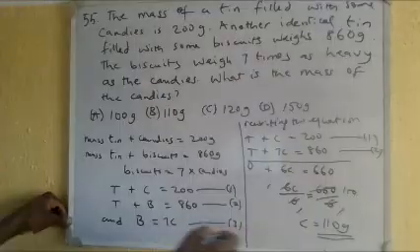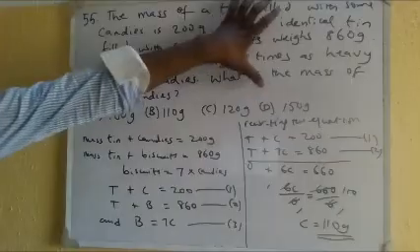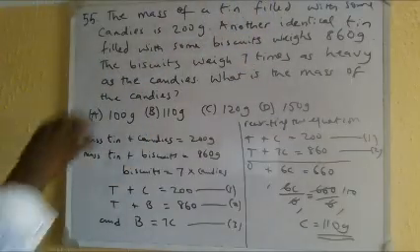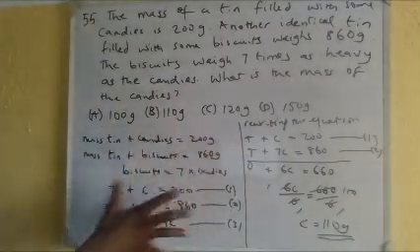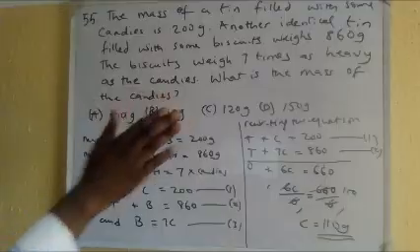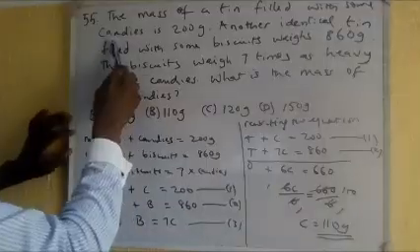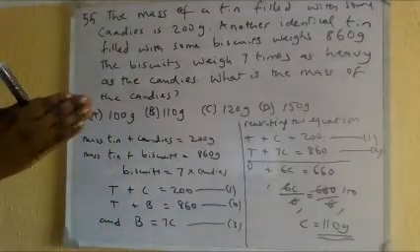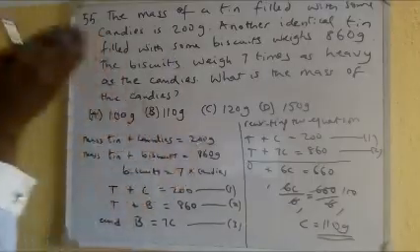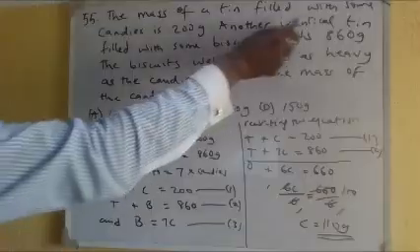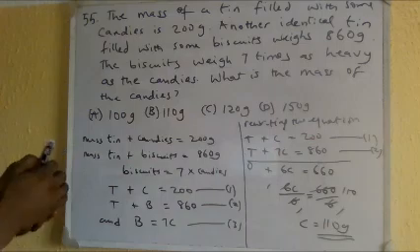So see what happens. First of all, you have a word problem like this. You have to write out what you are seeing here in terms of mathematics, in terms of numbers. I'll go again. So they say the mass of tin filled with some candy. So the mass together, tin and candy, is 200. That's the first statement. Another identical tin. So it's like they brought a similar mass of tin.